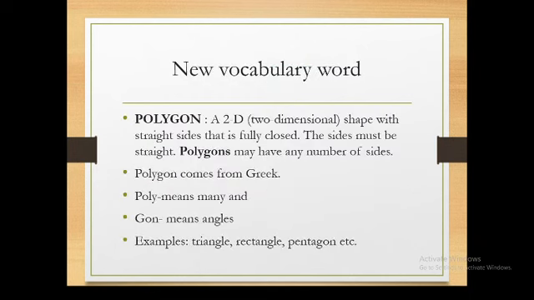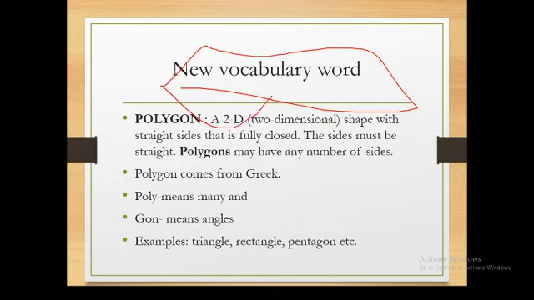Now, there is one more important thing. We are going to learn one new vocabulary word. Now, what is that word? It is polygon. Now, what is a polygon? A 2D shape with straight lines that is fully closed.